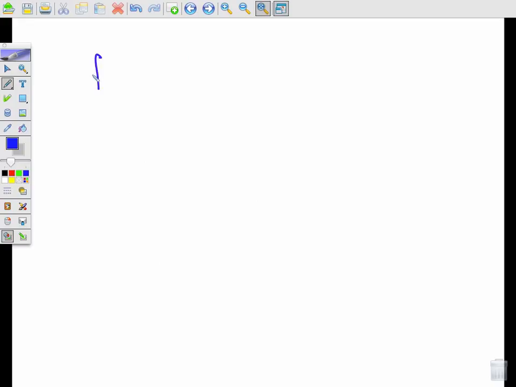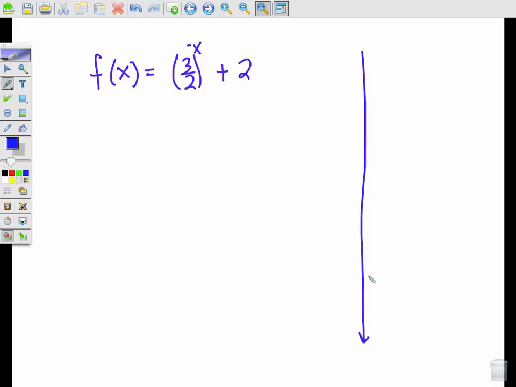Now we have one more graph left, and the function is f(x) = (3/2)^(-x), and then you have this +2 on the outside. Well, we know what the +2 is going to do. The +2 shifts our graph up 2 units. It's no different than our polynomials and our quadratics.